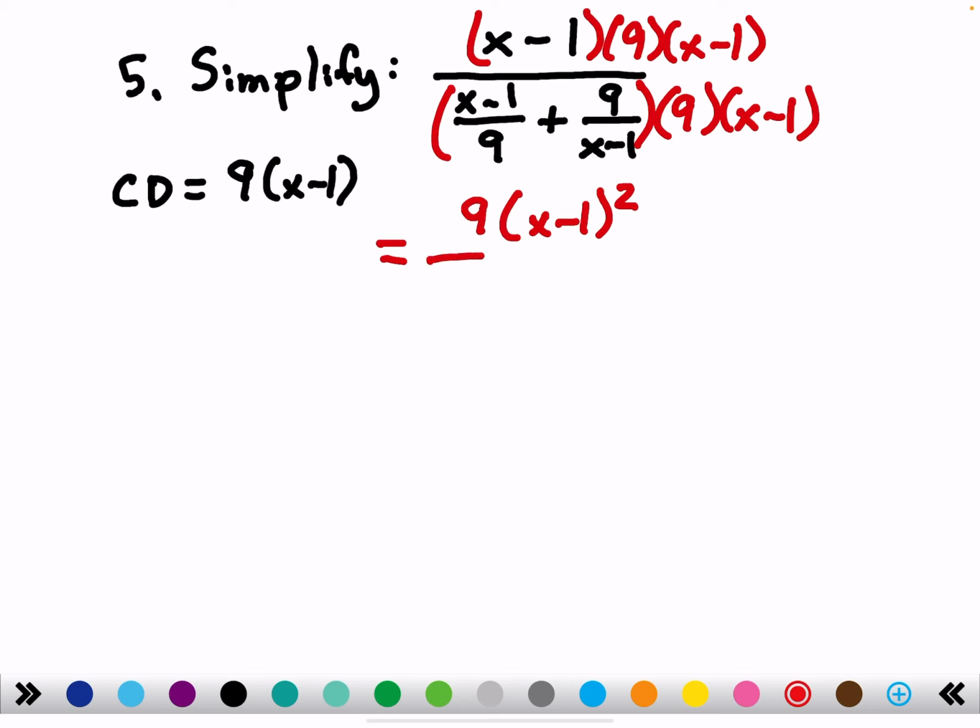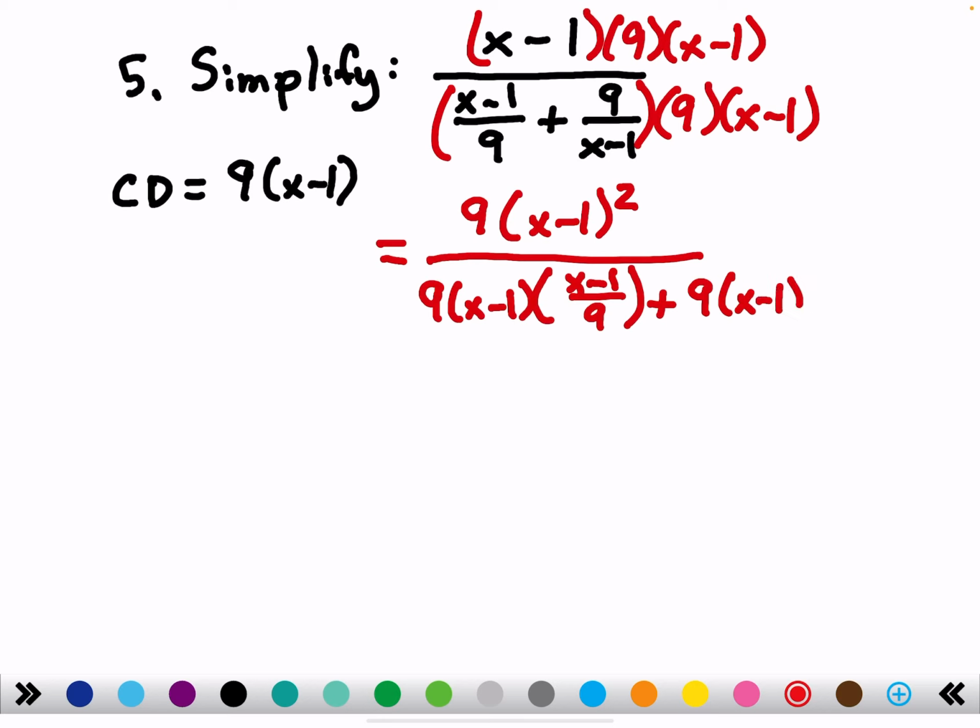We'll just go ahead and simplify that because that's easy to simplify. In the denominator, apply the distributive property: 9 times x minus 1 times x minus 1 over 9, plus 9 times x minus 1 times 9 over x minus 1.